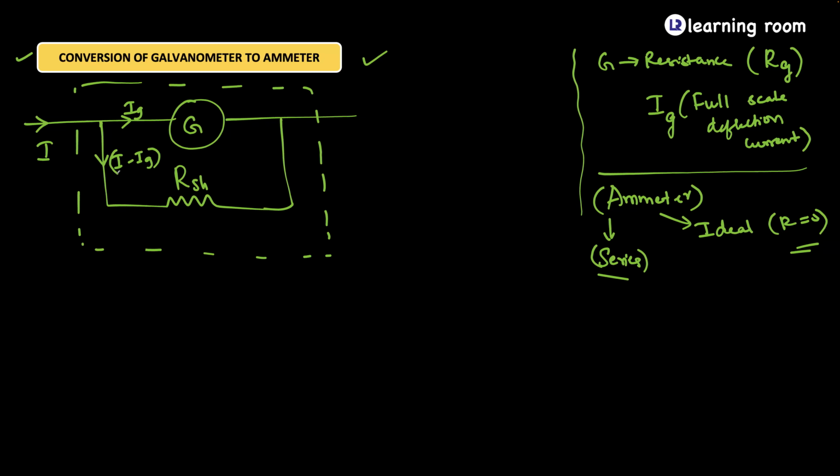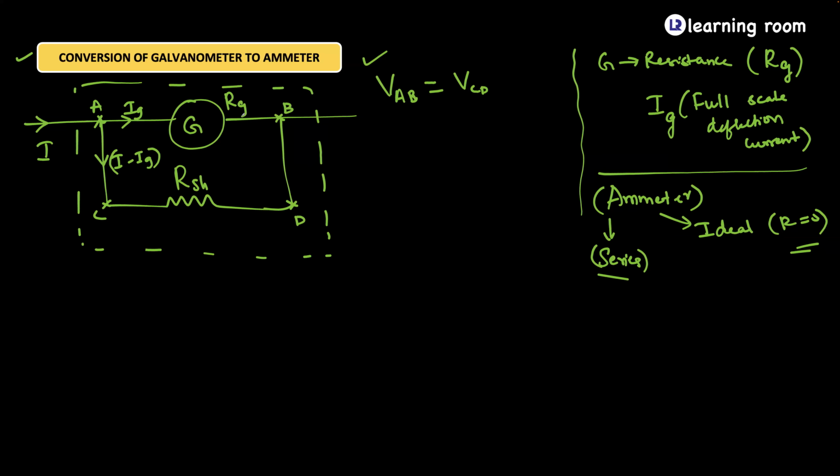Observe, if I take this point to be A and this to be B, this is C and this is D, how are these two resistors connected? They are in parallel. So when they are in parallel, the potential drop across AB and the potential drop across CD will be the same. That is the logic I'm going to use. VAB is equal to VCD. Makes sense? What is the resistance of the galvanometer? It is Rg.